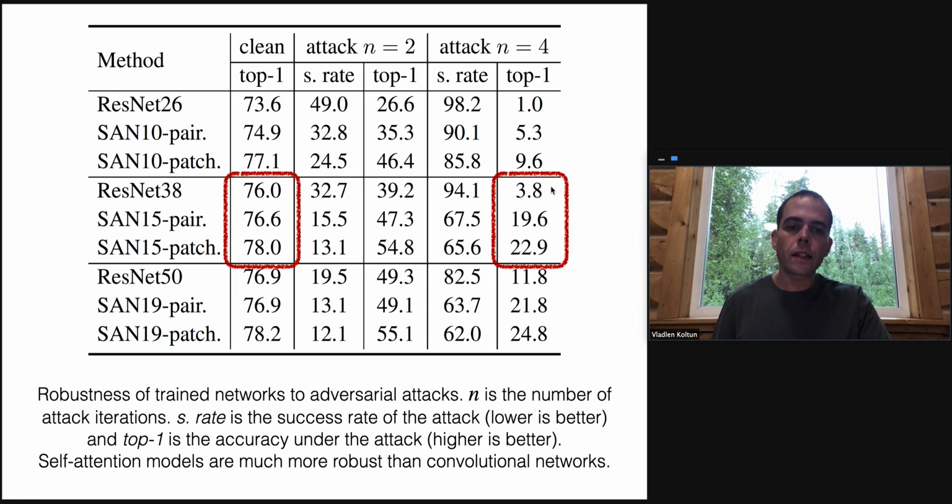The ResNet functions essentially like an open loop controller. After training, it's just flying blind. After a ResNet is trained, it is going to apply exactly the same pre-trained weights to any image it gets.